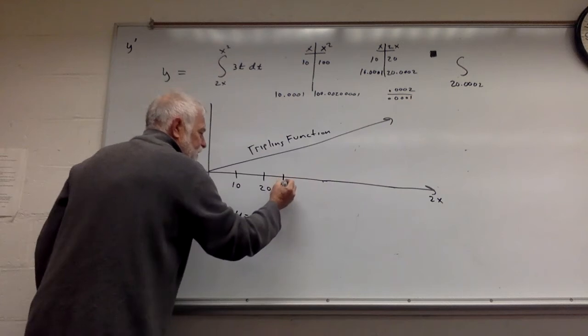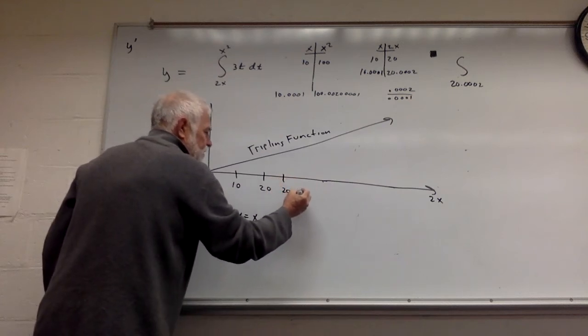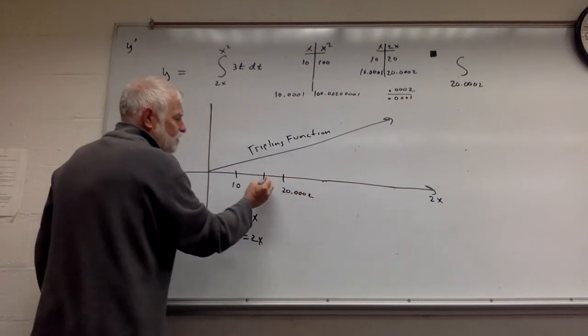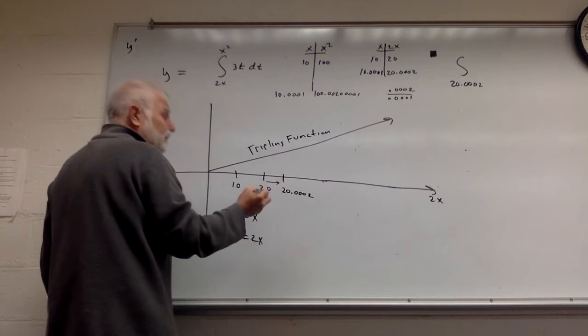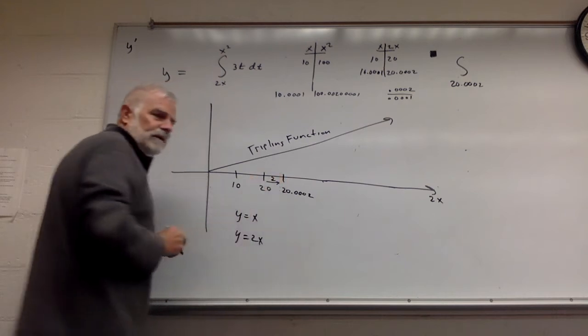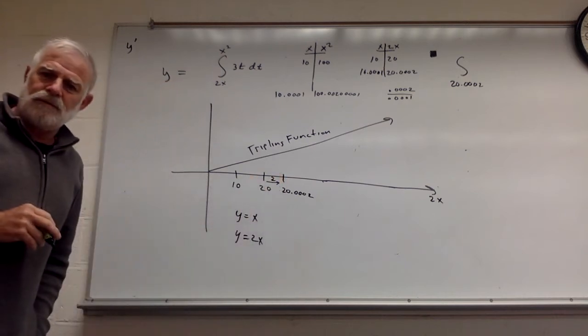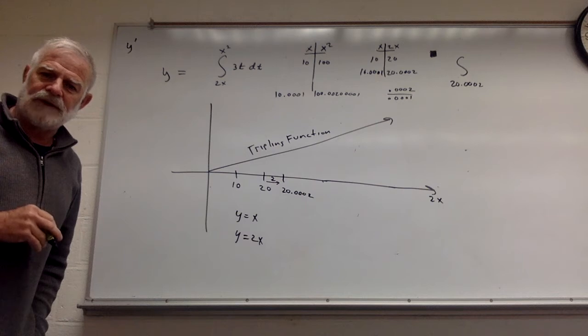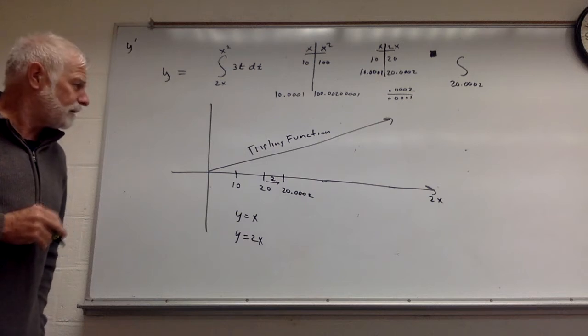So this is going to be 20.0002. We're actually moving down this axis at twice the rate of how we would move down the x-axis. This is twice that.